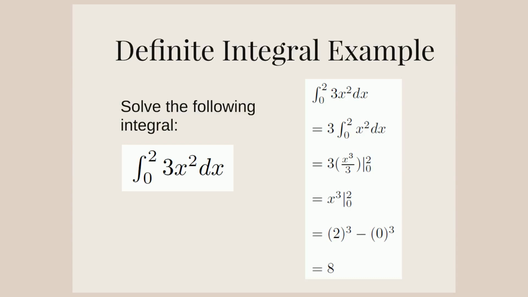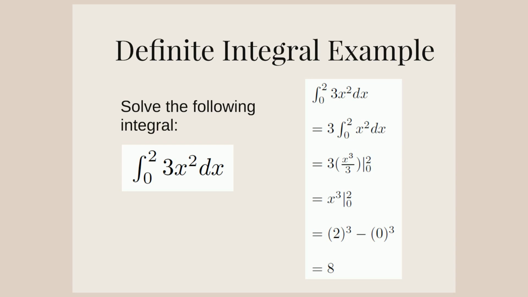Following our power rule, we're going to get x to the third over 3, bar 0 to 2. So our 3's are going to cancel out here, and we're left with simply x cubed. Plugging in our two values here, we have 2 cubed, which is 8, minus 0 cubed, which is, of course, 0. So we're left with a grand total of simply 8.